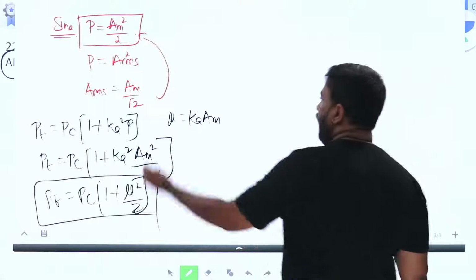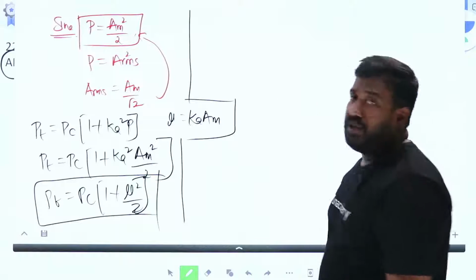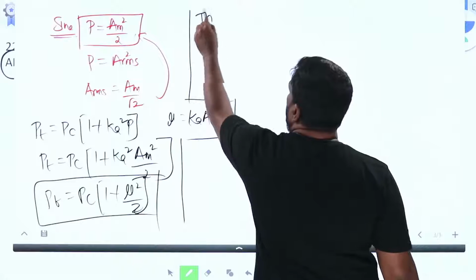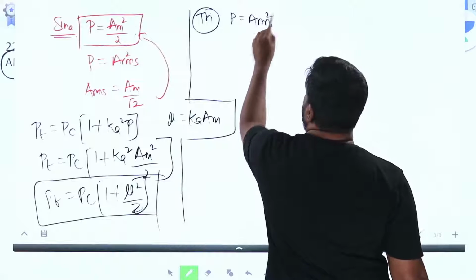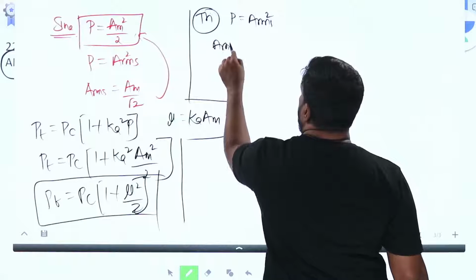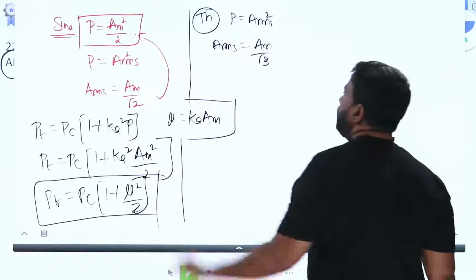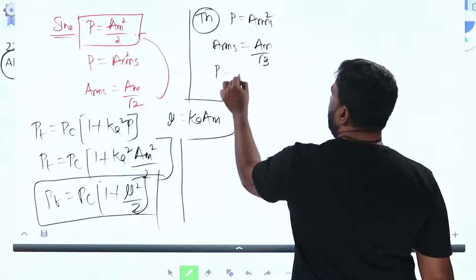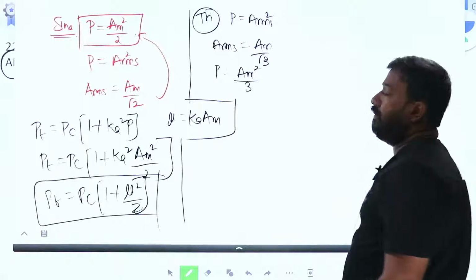Now if you do the same analysis for triangular input, power is A RMS square. For triangular input, A RMS is Am by root 3. Therefore, message signal power P is Am square by 3.